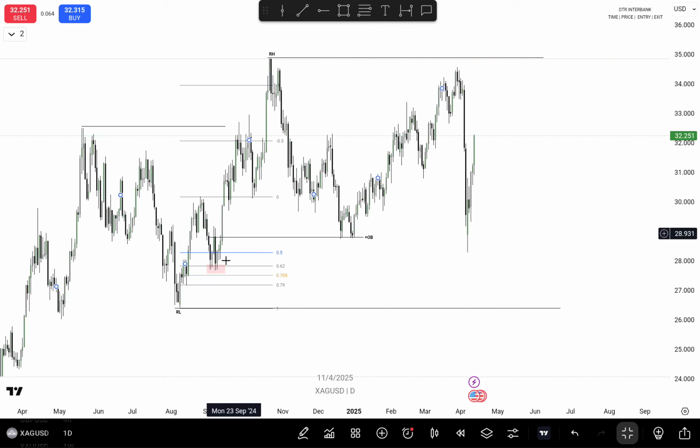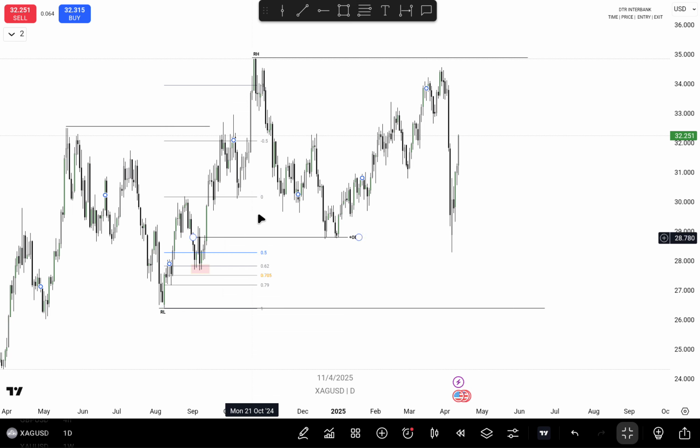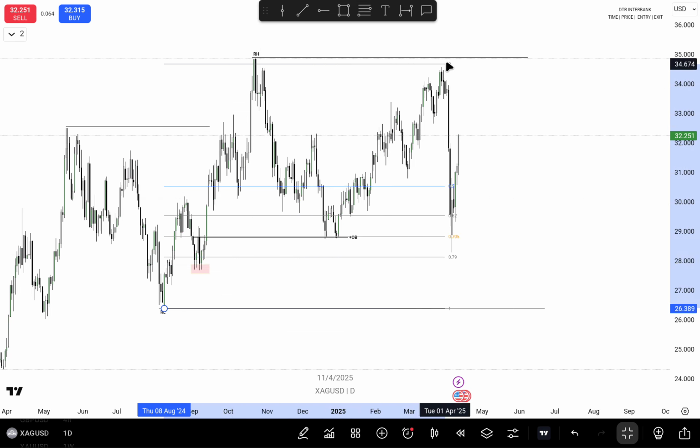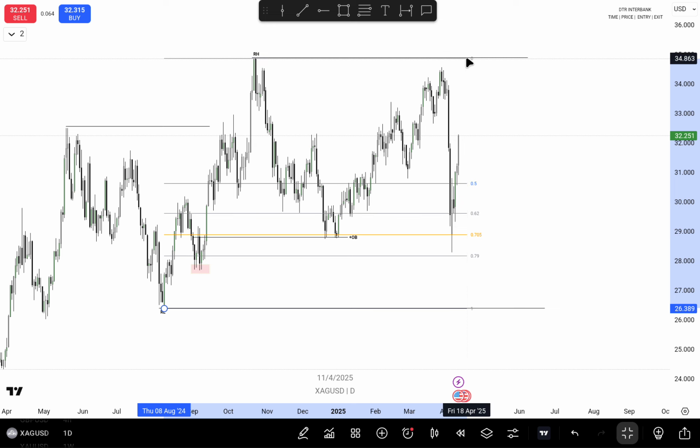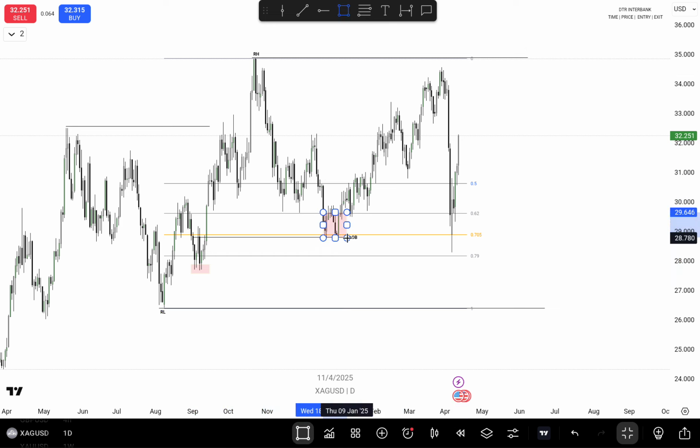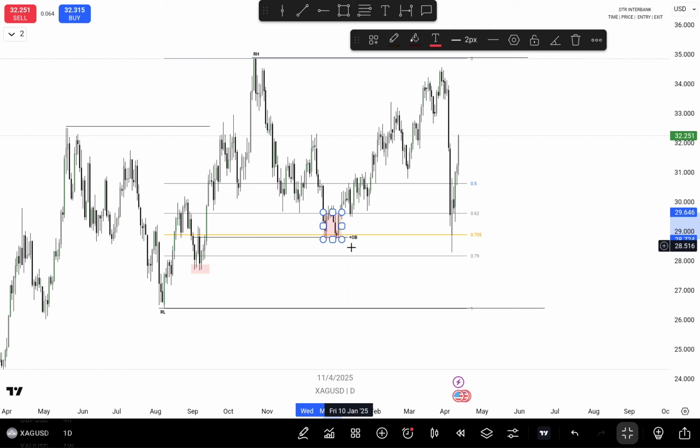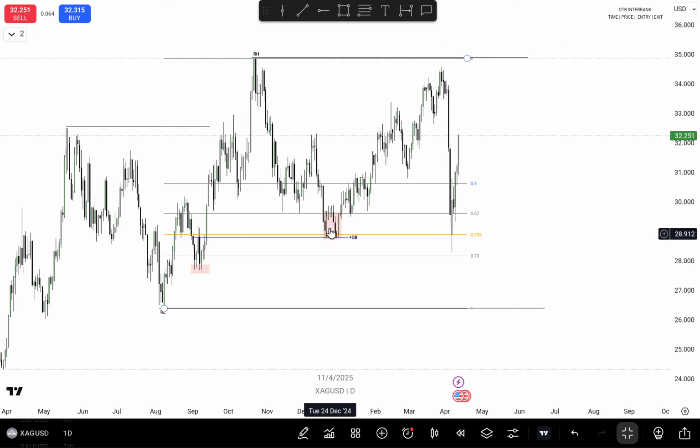So let's go to the current week. If you pull your fib and anchor it to this high, you get the OTE from the 62% retracement level to the 70.5 retracement level. That was the OTE.